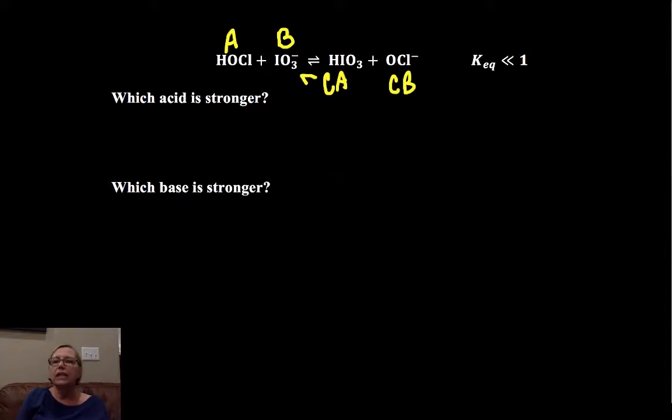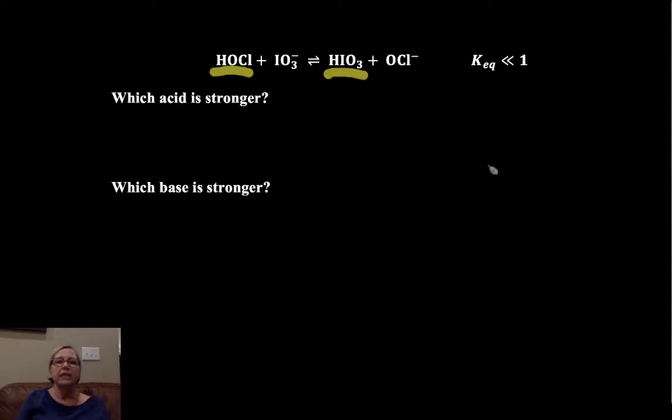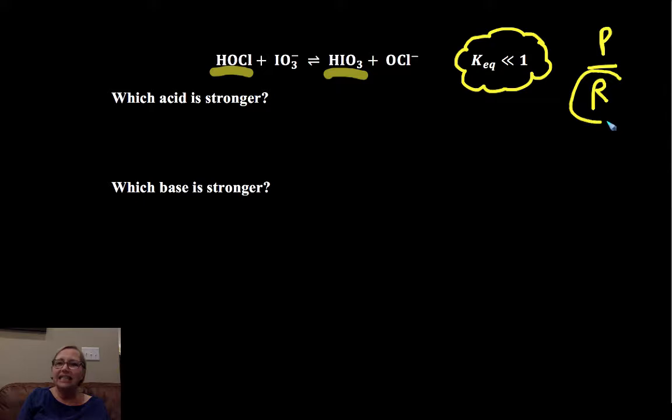So what we're looking at here is which of the 2 acids that we have is stronger? Well, the question tells us that the equilibrium constant for this is less than 1. Remember products are over reactants. If K is less than 1, this is reactant favored, which means this direction is favored over this direction.